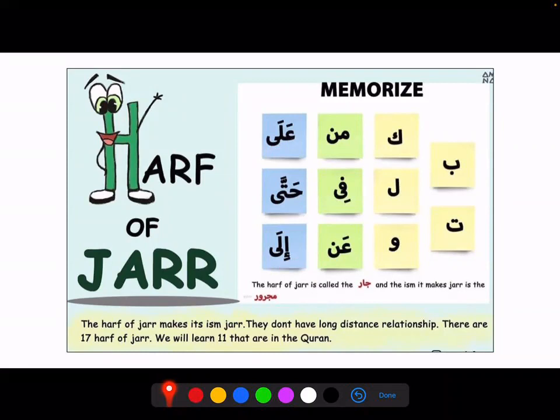Ala means on. We see it in the Quran Pak a lot, as in Ala Rasulullah, alayka, alayhu, all these words. And ila means going towards somewhere, as in ila suki, someone is going to the marketplace.